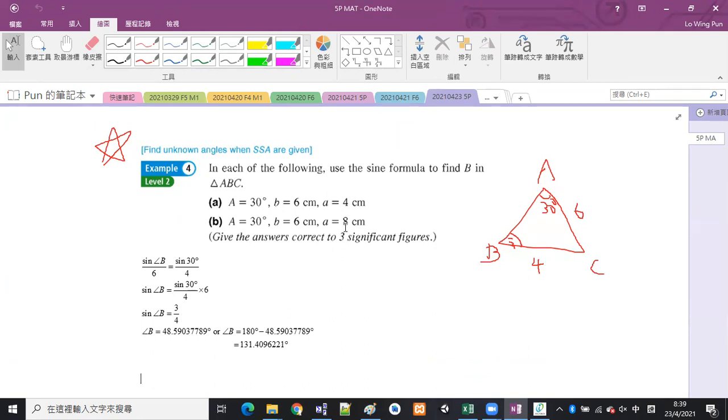If the sum of these two angles is already larger than 180 degrees, then this number should be rejected. Because for the angle sum of a triangle, the sum of three angles should be exactly equal to 180 degrees, right? If the sum of two angles is already larger than 180, then that is not real. Therefore, we should reject.